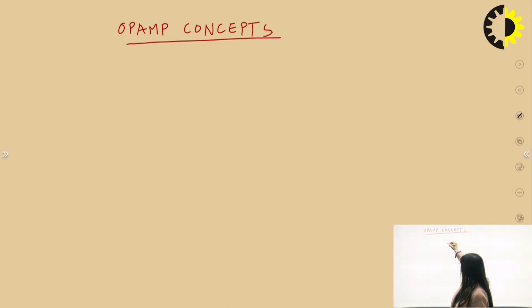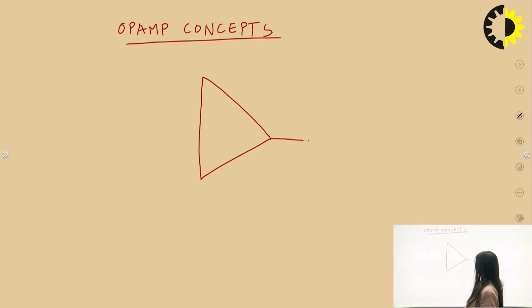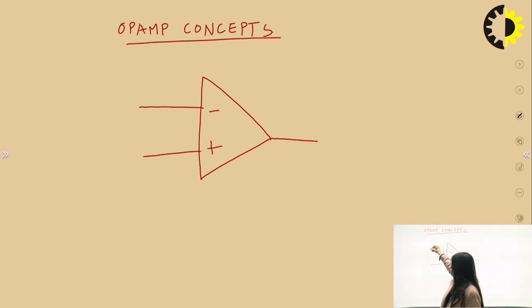Like, we will assume the Opamp that one input we are giving at this A terminal. This is A point. The voltage of this A point is VA.